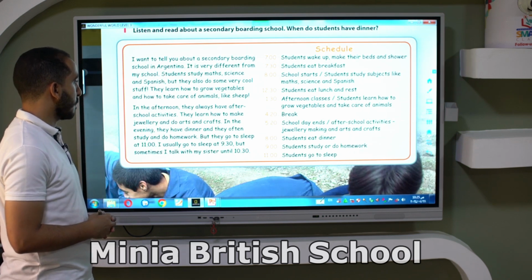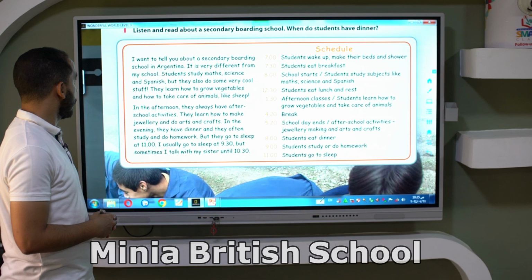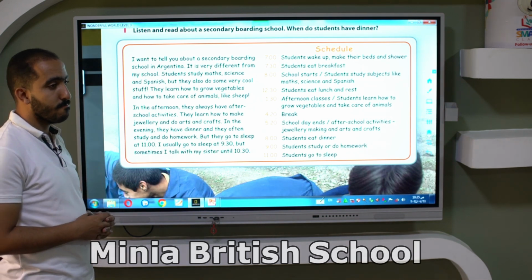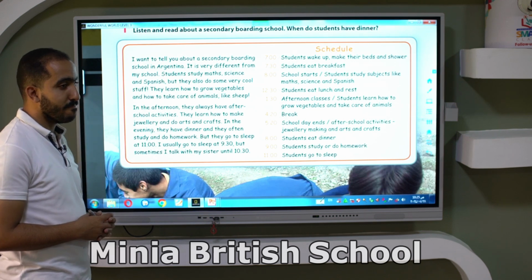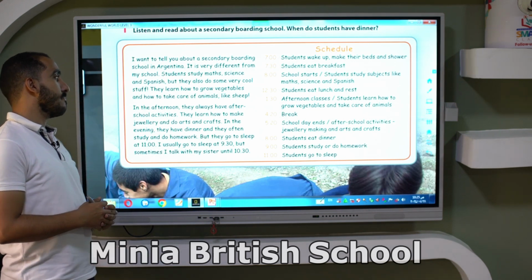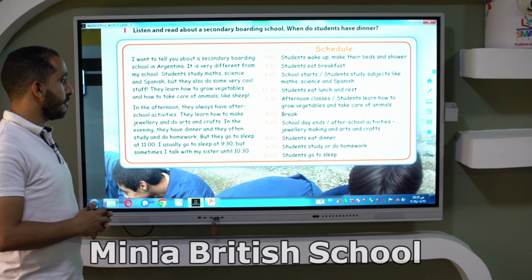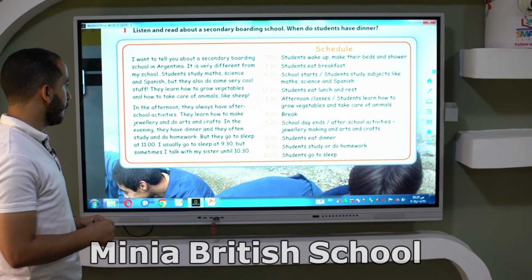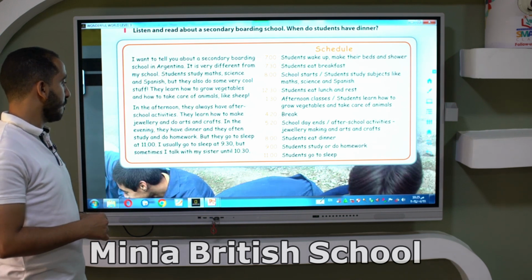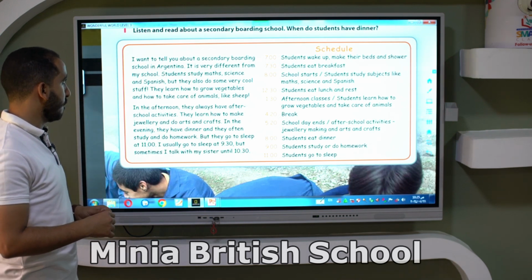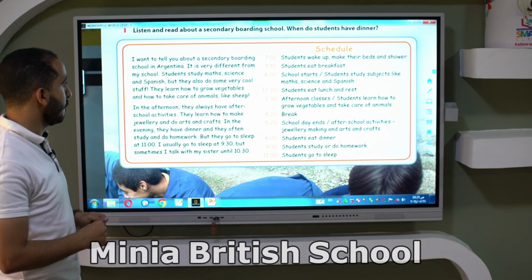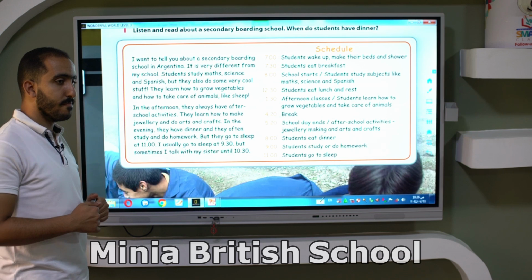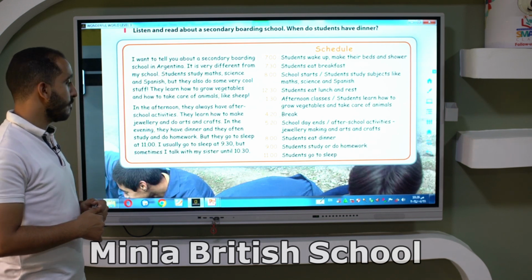In the afternoon, they always have after-school activities. They learn how to make jewellery and do arts and crafts. In the evening, they have dinner and they often study and do homework. But they go to sleep at 11 o'clock. I usually go to sleep at 9:30, but sometimes I talk with my sister until 10:30.